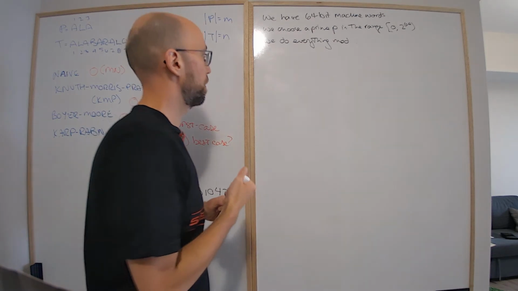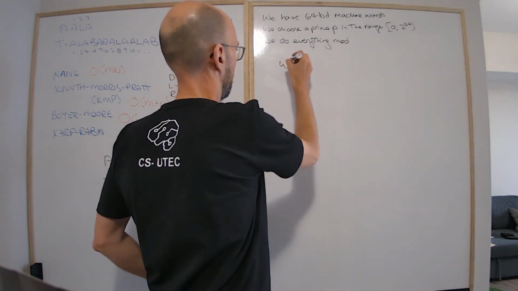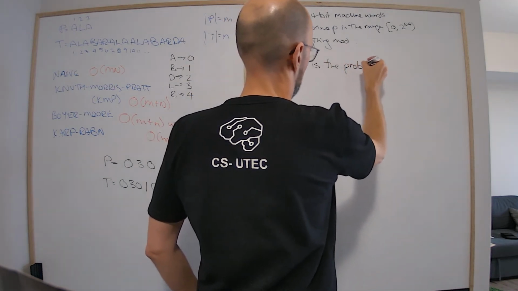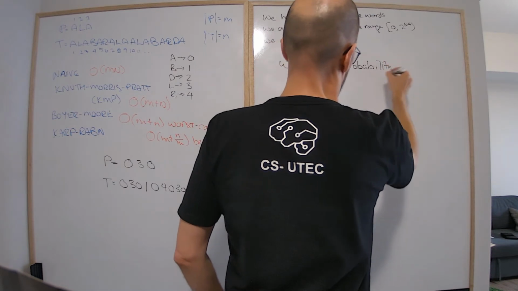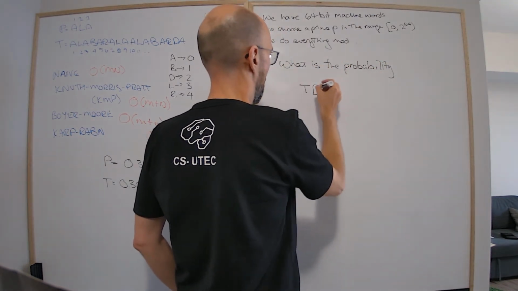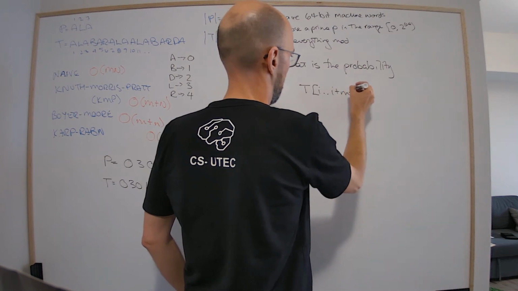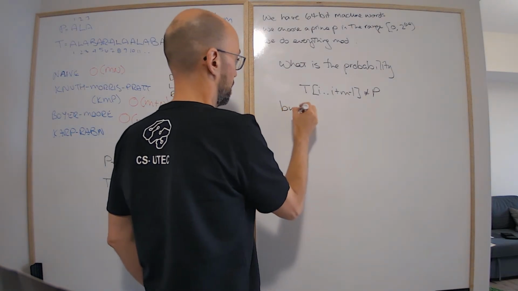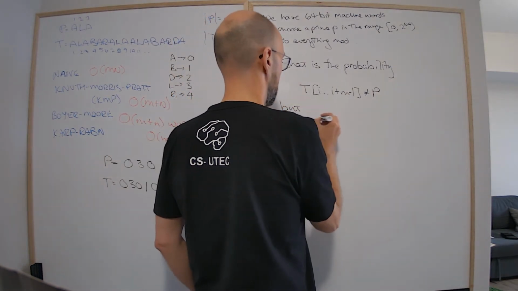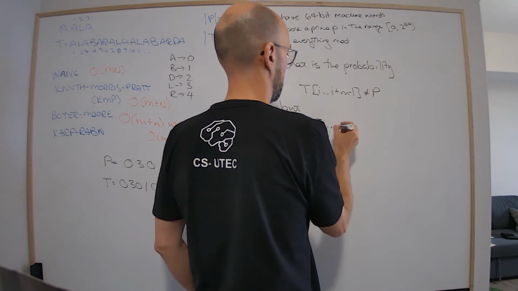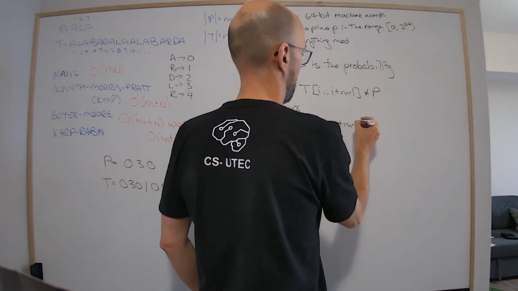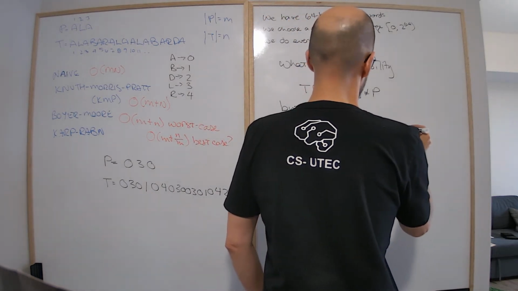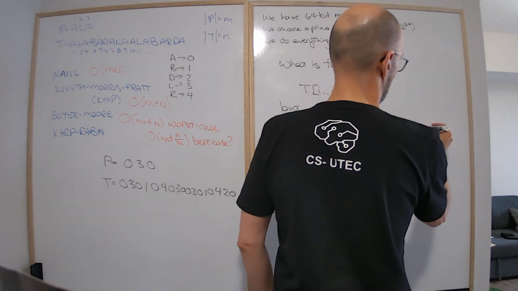The idea is, what is the probability that t[i to i plus m minus 1] is not equal to p, but t[i to i plus m minus 1] mod q is equal to p mod q?